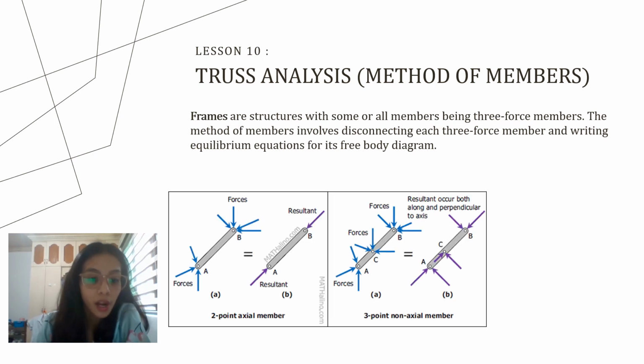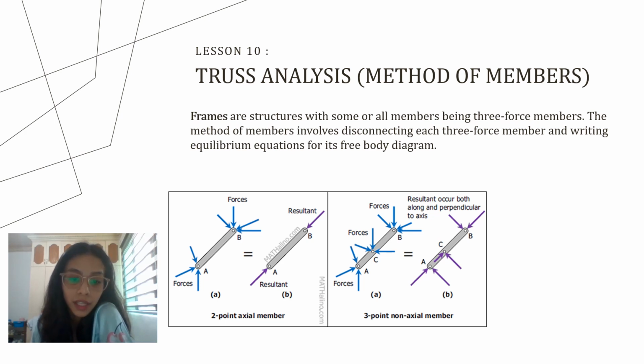So this is our two-point action member, which consists of forces A and B, as you can see in the figure below. The resultant and the three-point action member is with three forces A, C, B, and the resultant occurs both along and perpendicular to the x-axis.